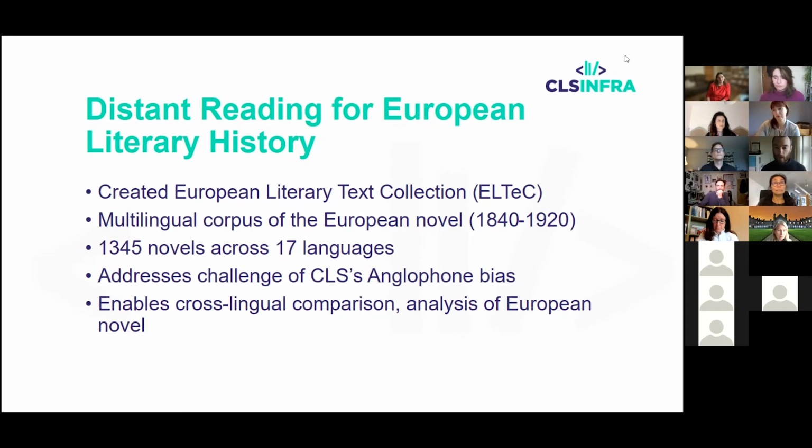More broadly, this collaborative effort allows us to see a more comprehensive picture of the European novel than is possible from within any one literary or linguistic tradition or indeed a national tradition. As part of this, and as part of the new project, I'm currently working on building an Irish language novel corpus, which I can say a little bit more about later on, which John may be interested in.